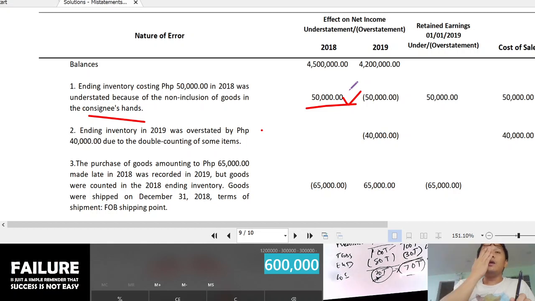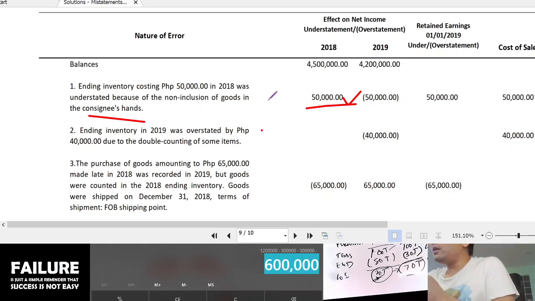Now, in 2019, obviously, this ending inventory becomes your beginning inventory in the subsequent period. So meaning, if your ending inventory is understated in the current period, that also means na yung beginning inventory mo is understated by 50,000.